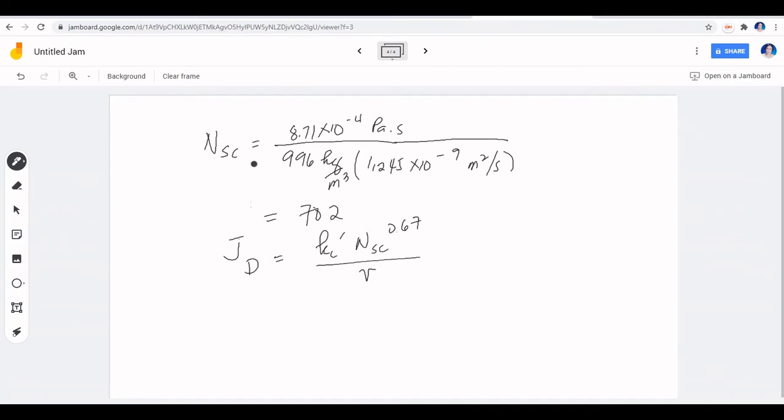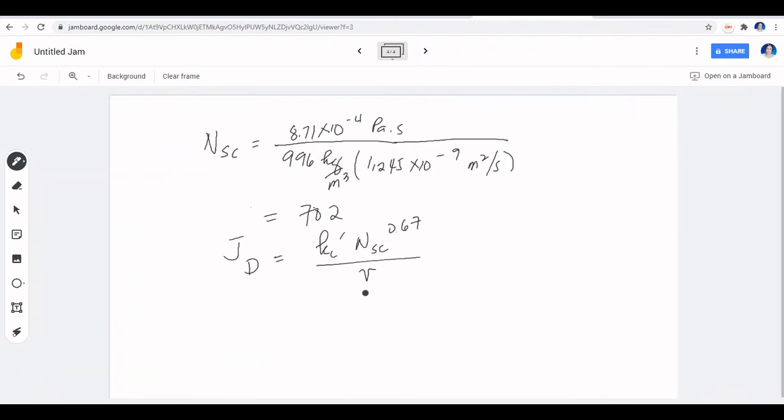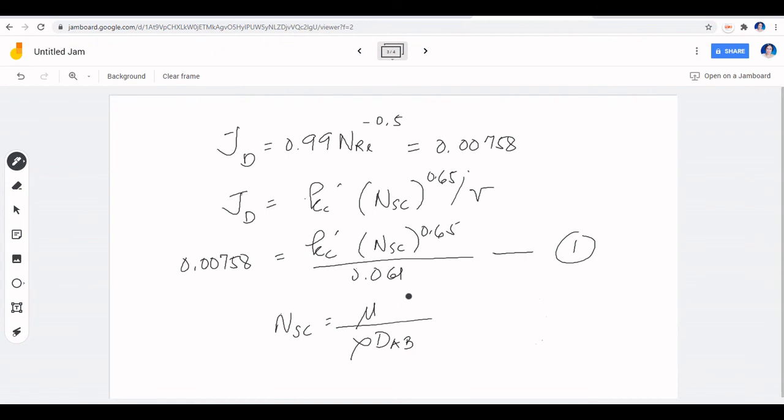So now the J sub D that we have here, the 0.0078, will be equated to this particular J sub D here, which I have written already in here. It just so happens that we still need to determine the Schmidt number.